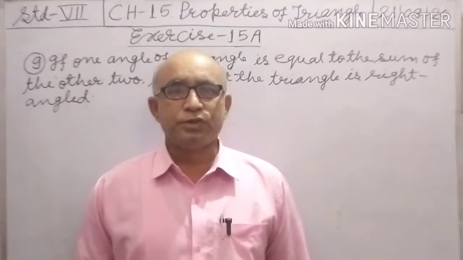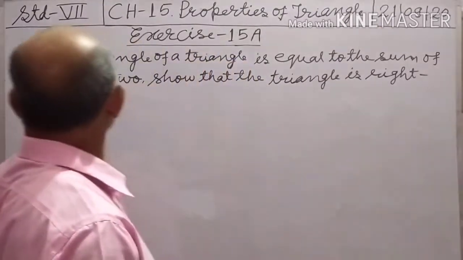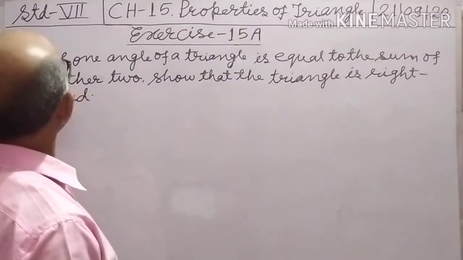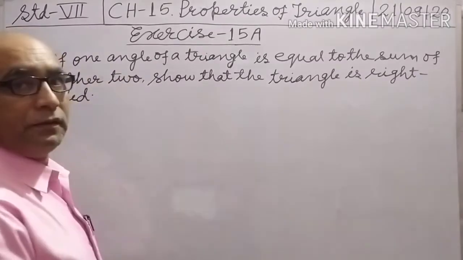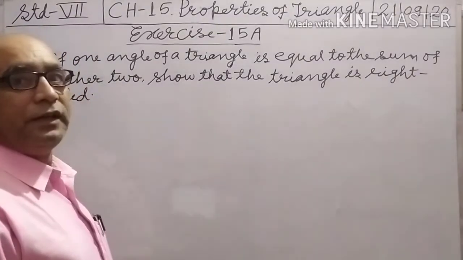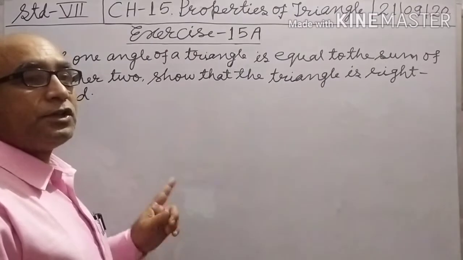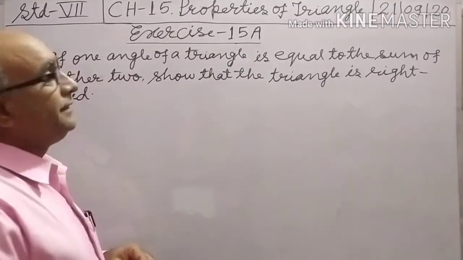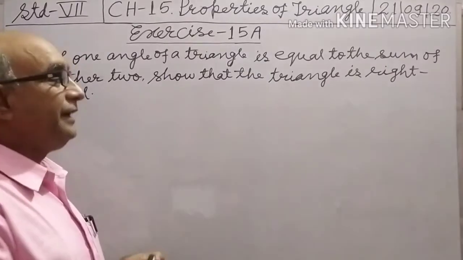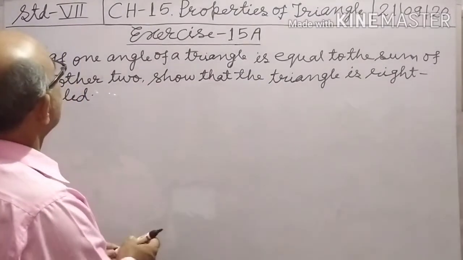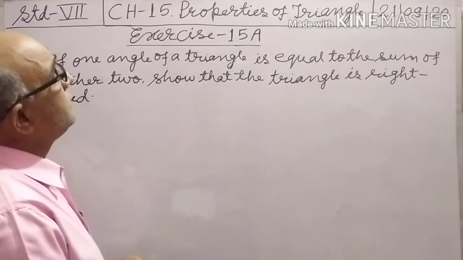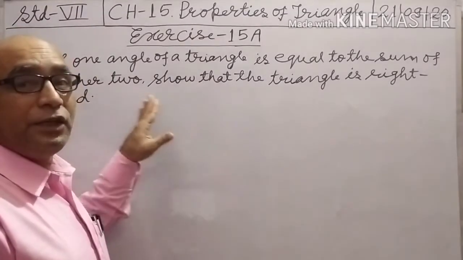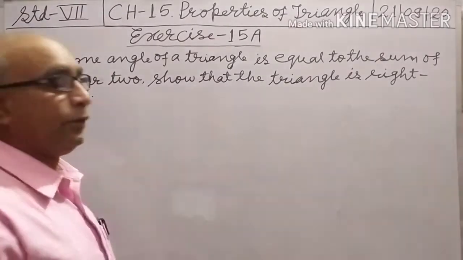Students, next question is question number 9. In this question, if one angle of a triangle is equal to the sum of the other two, show that the triangle is right angle. Students, here given one angle is equal to the sum of the other two.